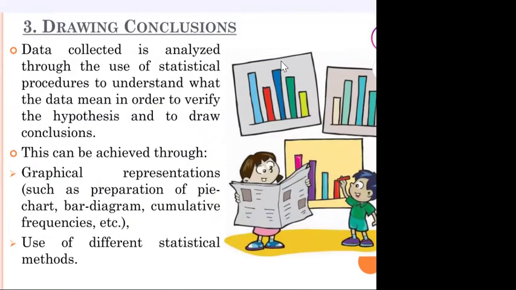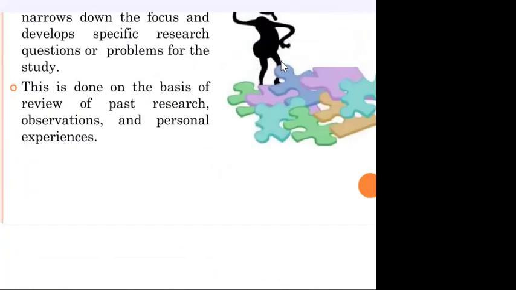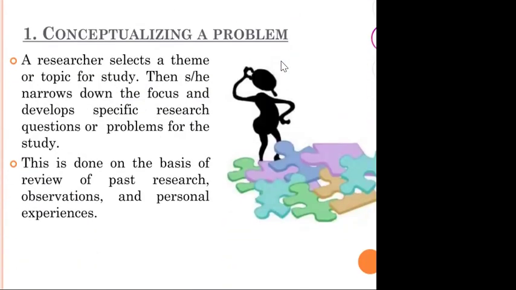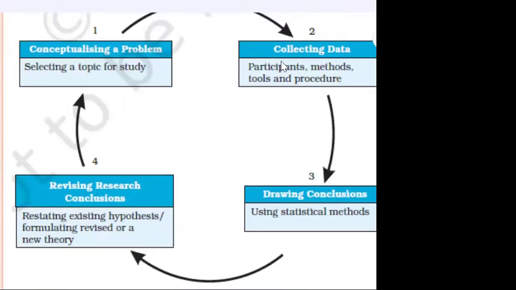We talked about four points: you conceptualize a problem, then collection of the data is the next step, then drawing a conclusion using statistical methods, and revising the research and conclusion. So that's it in this video. Thank you.